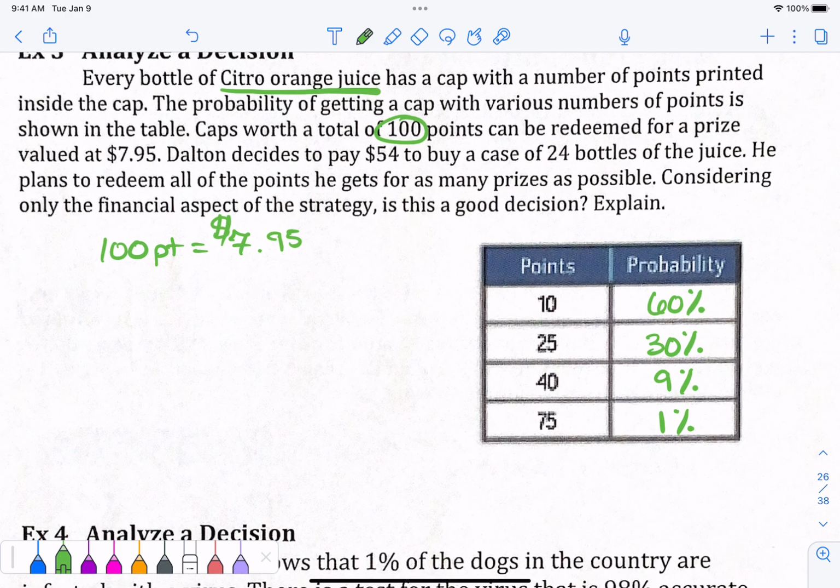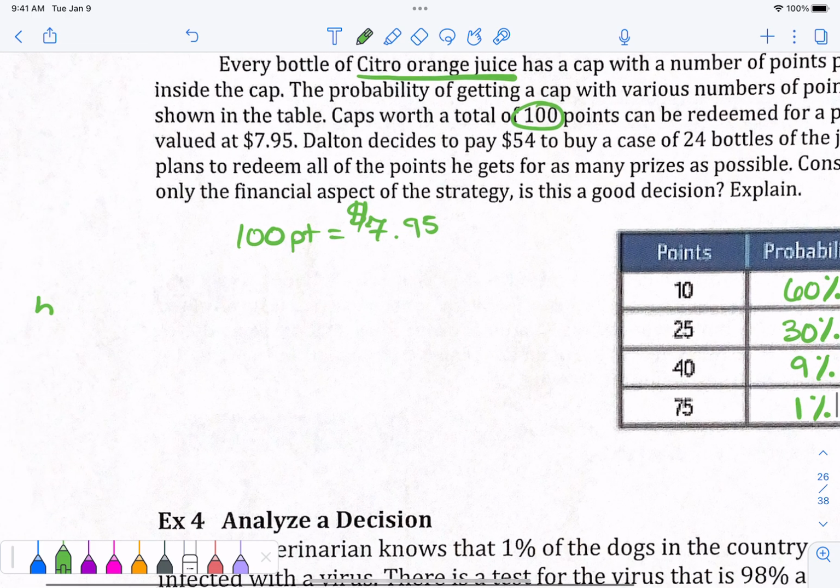All right, this guy, Dalton, decides to pay $54. So he's got $54, and how much is that buying him? You see? A case? 24 bottles. All right, 24 bottles for $54. That sounds like a lot. That's more than $2 a pop. Okay, so we're going to see if the cash weighs out.